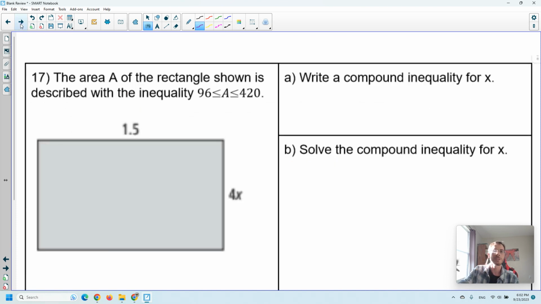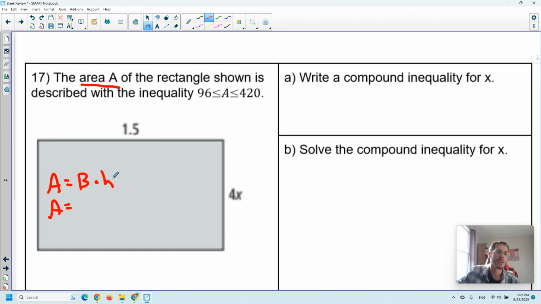All right, for 17, now they give us a triangle inequality here. The area of the rectangle is described with the inequality 96 is less than or equal to A, which is less than or equal to 420. Part A says write the compound inequality for x. So the trick here is to remember what A is. A is the area. So the area is the base times the height.